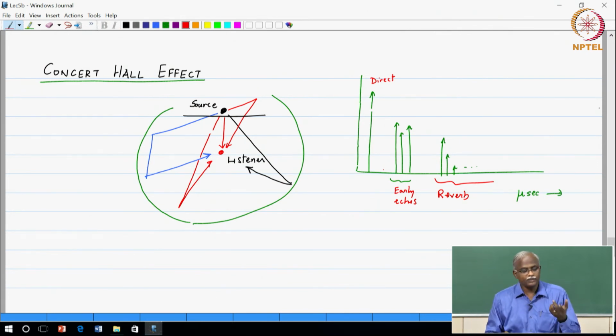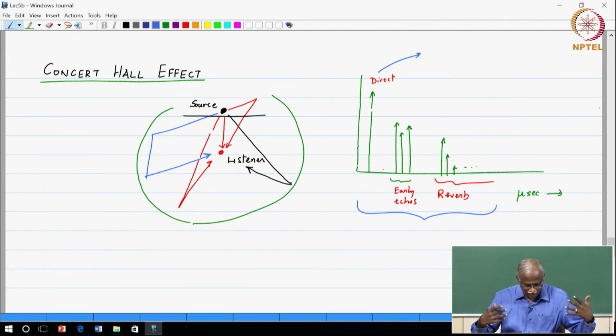But all you have is a CD player and a set of headphones. So now, how do we create this effect? Instead of playing only the direct path, if you played only this, that would be just a simple CD player. But if you have an equalizer setting which says concert hall, then you must not play back only the direct one, but you must play back the composite signal that we have to develop.